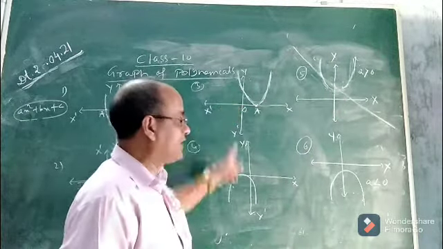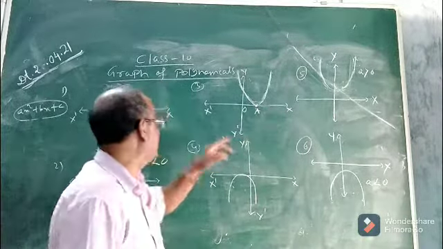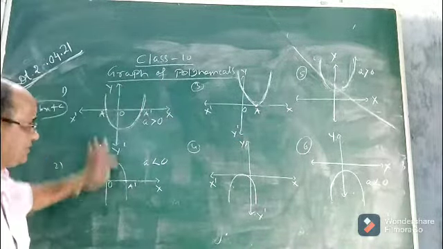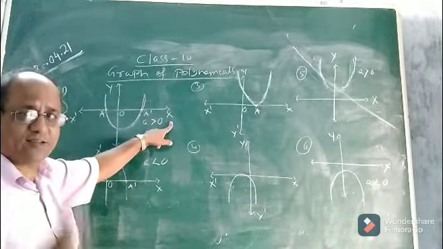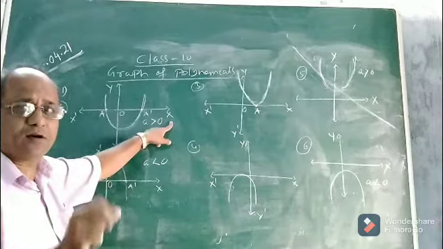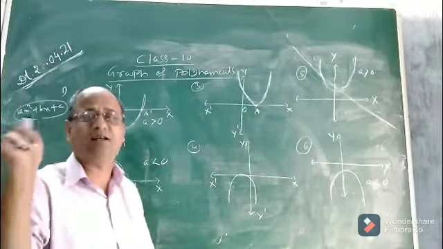Here we will get two equal linear factors, because the parabola touches the x-axis exactly at one point. Similarly, in these two cases, the parabola cuts the x-axis in two distinct points, so the given quadratic polynomial can easily be factorized into two distinct linear factors.